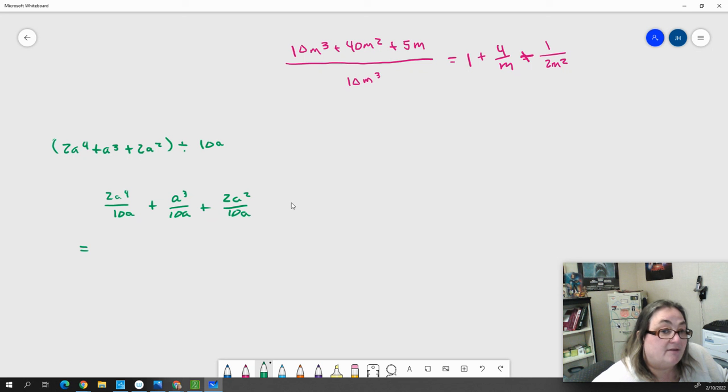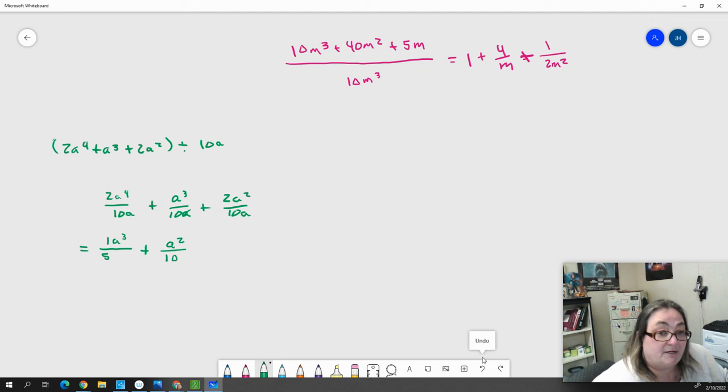2 goes into 10 5 times, so we would have 1/5, right? A to the 4th would cancel out that a, and we'd be left with a cubed. Then we would come over here and we go, well, I have a cubed, right? And I have an a down here, so that would cancel, and we'd have a squared left on top, and nothing to reduce that 10.